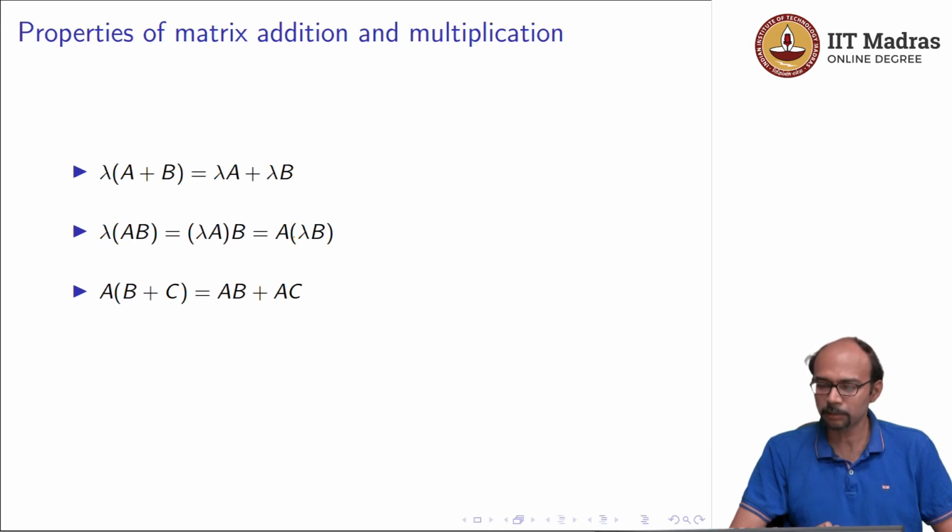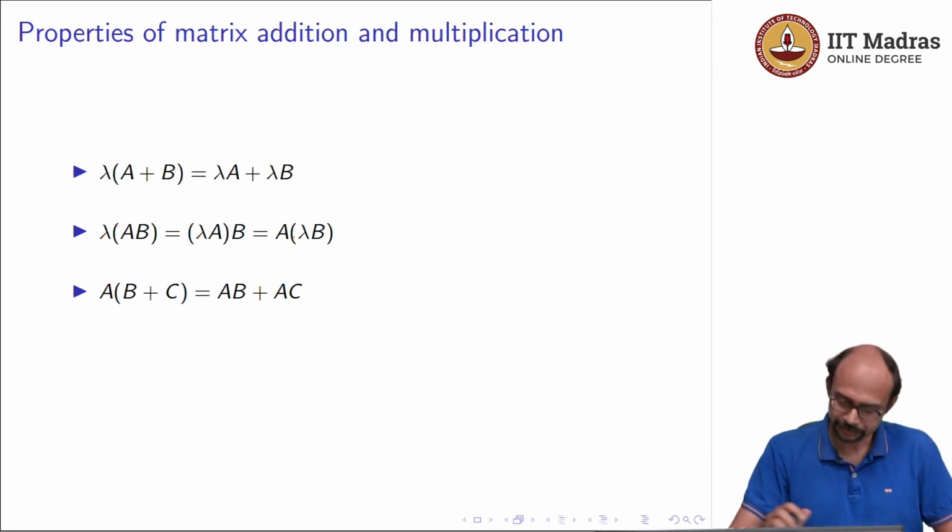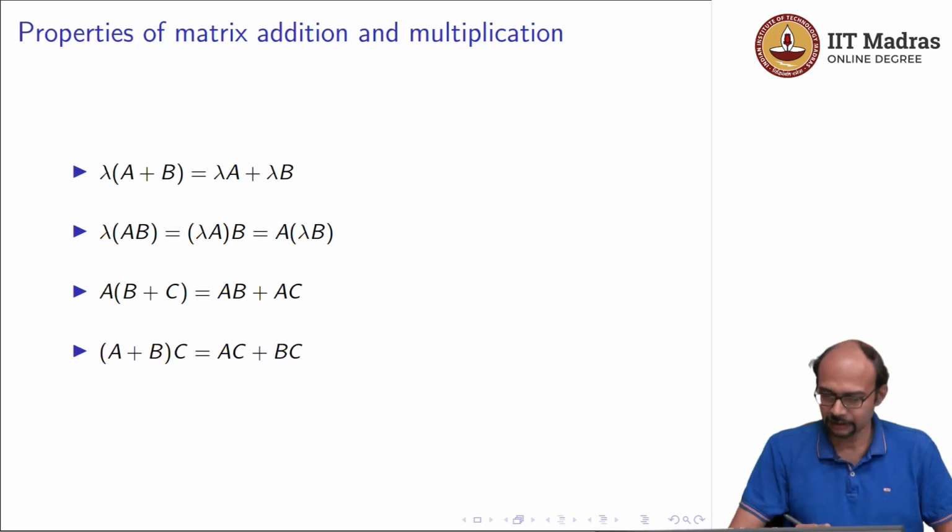A times B plus C is the same as A times B plus A times C. And finally, A plus B times C is A times C plus B times C. So these are identities. How do I check these? You have to check these based on the rules of addition and multiplication. Even if you don't formally understand how to check them, in given examples, I hope you will be able to actually compute.